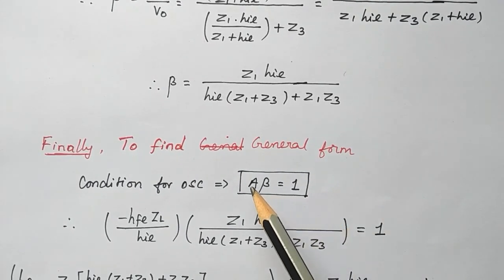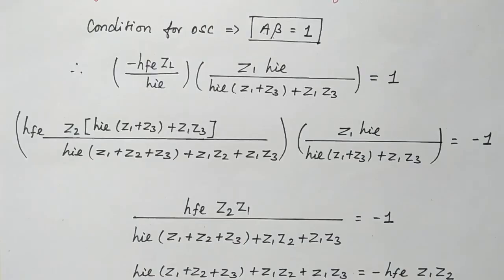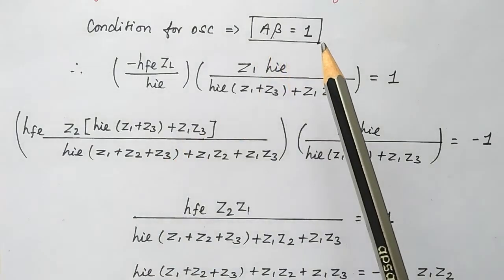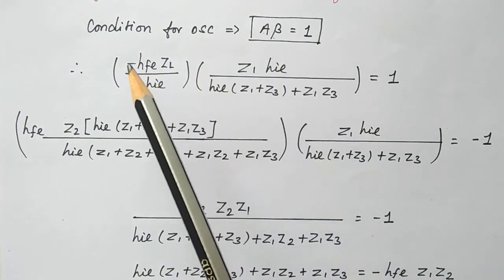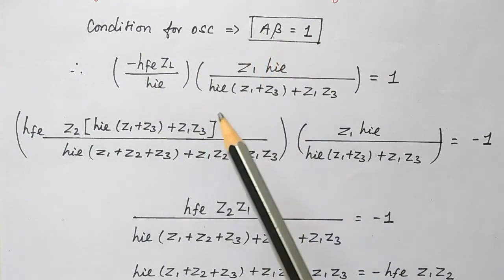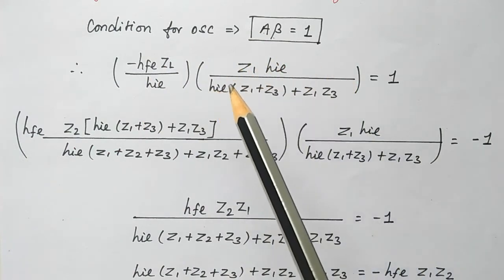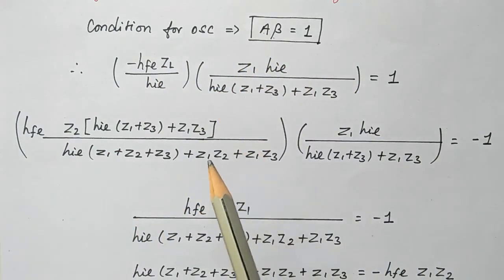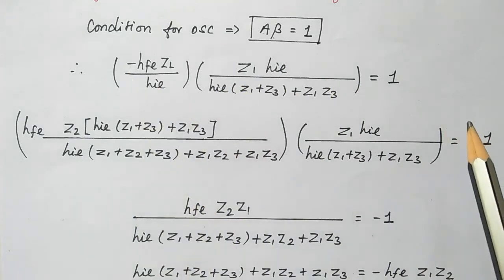Now we have to come to the conclusion, to find the general form for the LC oscillator. As mentioned earlier, we have found A separately and beta separately. Now we multiply these two and equate to 1, that is A beta is equal to 1. In this we substitute A, which is nothing but minus HFE ZL by HIE, and beta, for which we found this expression. Now we move the minus symbol to the right hand side.